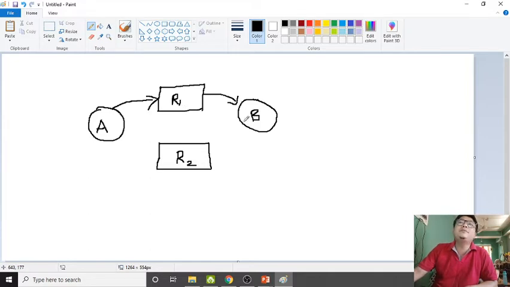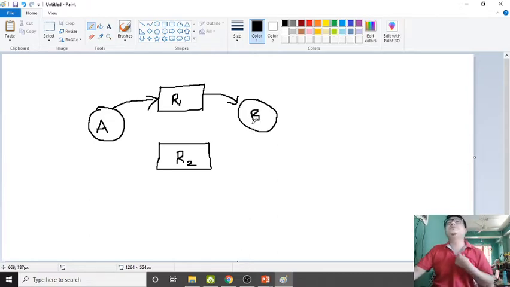So if R1 is being used by process B and A is demanding it, then A has to wait for R1 to be released by process B so that R1 can be used by A, because R1 is currently busy with process B. So this may be the sequence, right?